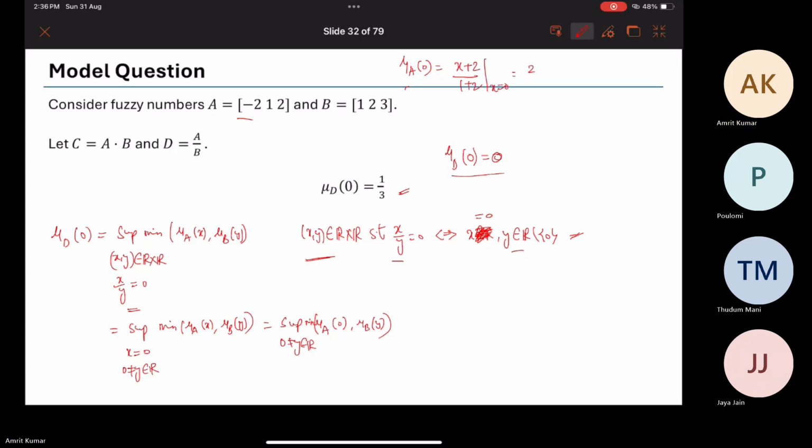So this is 2 by 3, right? And verifying, okay, so this is 2 by 3, right? So minus 2, 1, and 2. So this equation is x plus 2 divided by 3. And at x equals 0, you have 2 by 3.